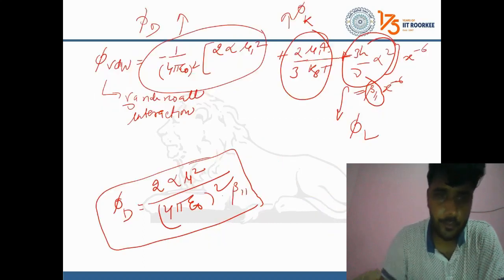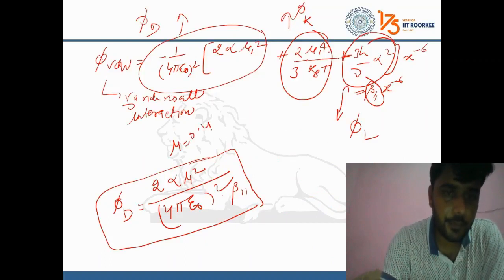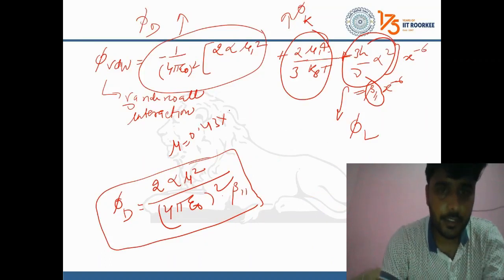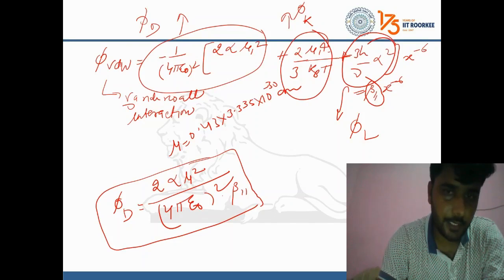So mu is equal to 0.43 multiplied by 3.335 10 raised to minus 30 coulomb meter. Okay, this is not centimeter, that is coulomb meter.